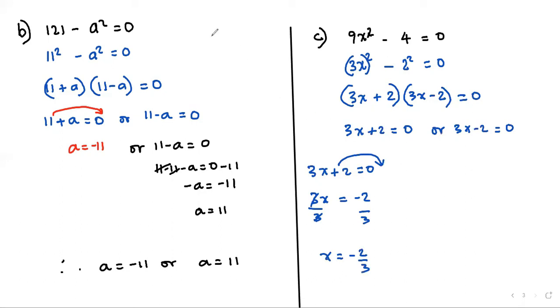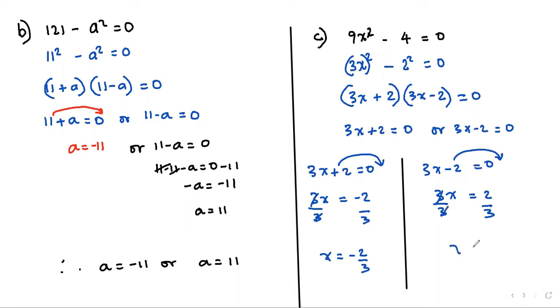And then for this part, we have 3x minus 2 equals 0. So we take minus 2 to go this side, such that we get 3x equals 2, and we divide on both sides by 3. This goes with this, and x equals 2 out of 3.